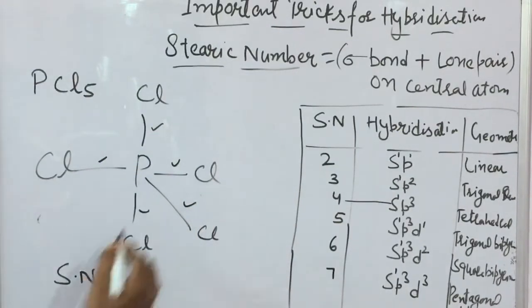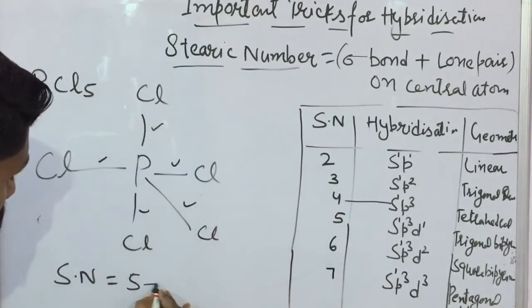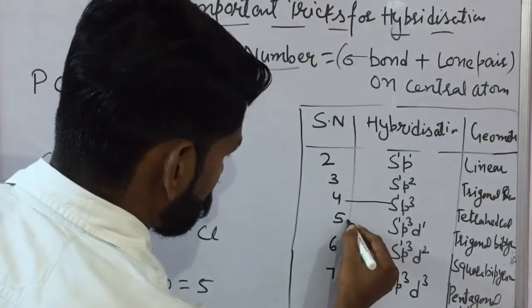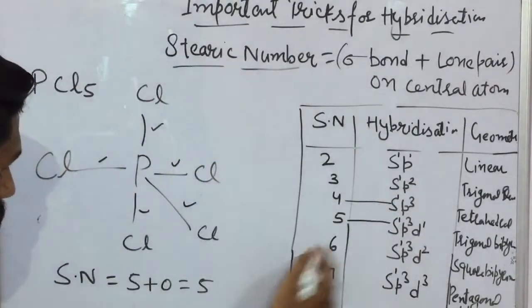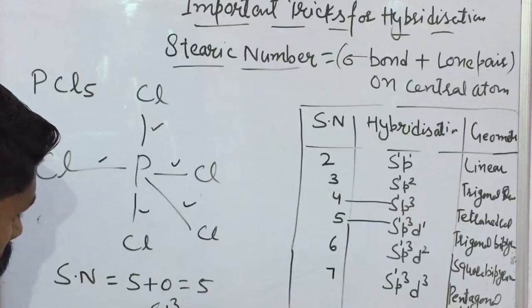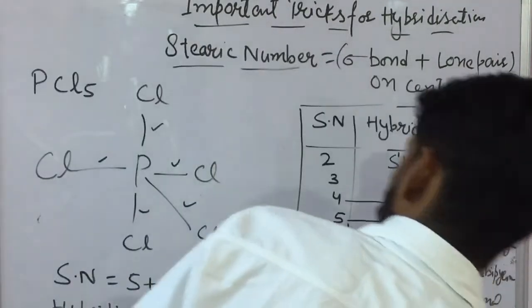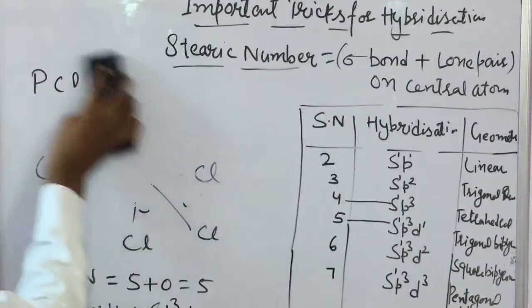So sigma bonds come to 5 and there is no lone pair, so the steric number comes to 5. Corresponding to 5, the hybridization comes to sp3d. So the hybridization of PCl5 comes to sp3d.